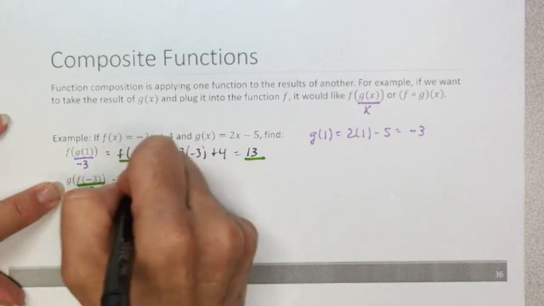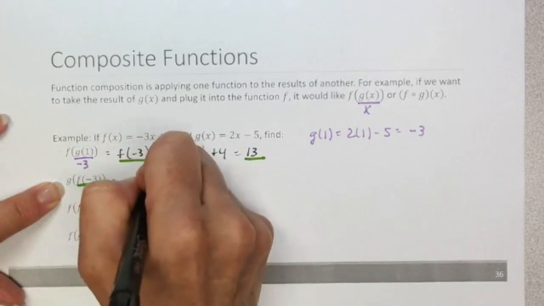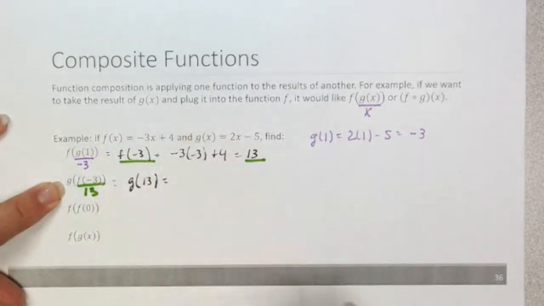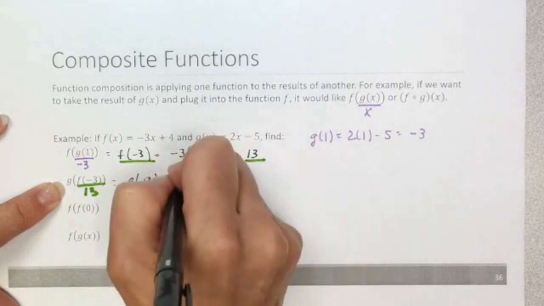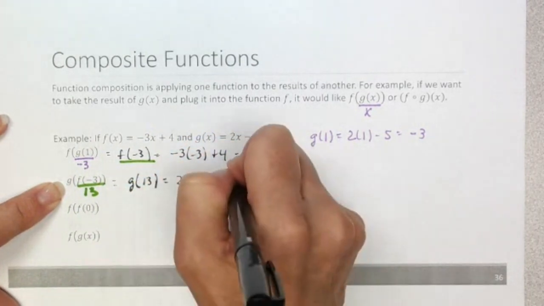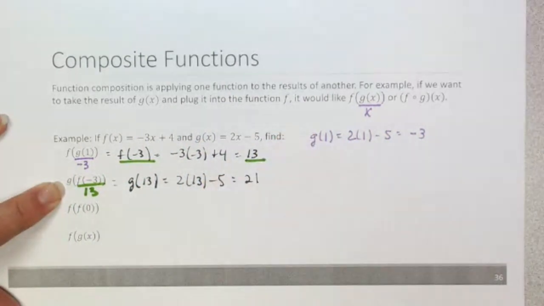So g of 13 is what we're finding. My pen is running out here. Okay, g of 13 is going to be 2 times 13 minus 5, or 26 minus 5, which of course is 21.